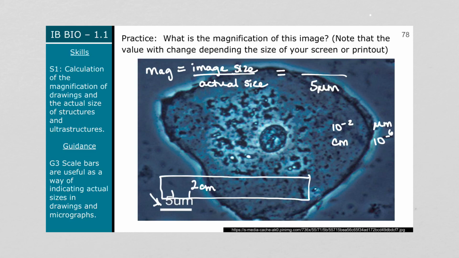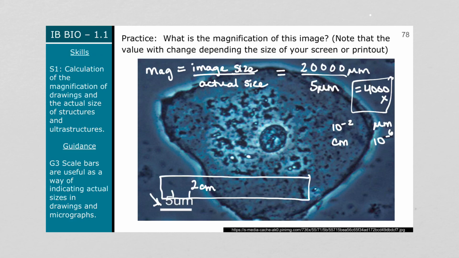So that's a difference of 4 decimal spaces. So I'm going to have 2, 1, 2, 3, 4 micrometers. All right, and now I can divide, and 5 goes into 20,000 4,000 times. So 4,000x is my magnification.